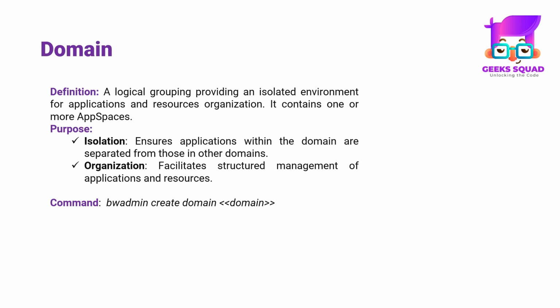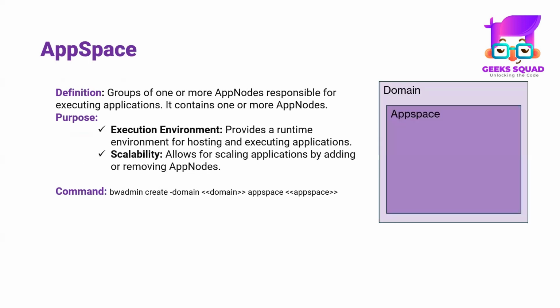Now, let's shift our focus to the app space. Within a domain, there is an essential component responsible for providing a runtime environment for hosting and executing applications. The app space serves two crucial purposes. First, it provides an execution environment, ensuring that applications have the necessary resources to run smoothly.